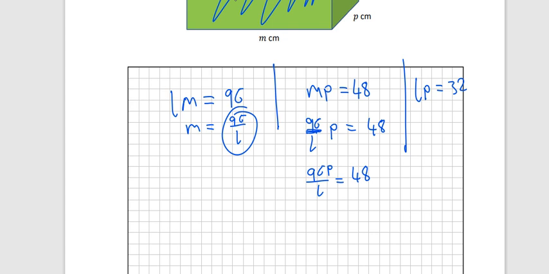If I bring the L to the other side, I get 96P is equal to 48. And then if I bring across the 96 and divide it, I get P is equal to 48 over 96.